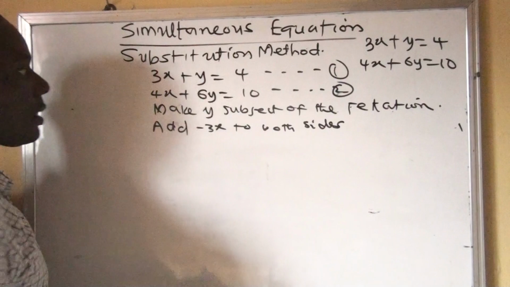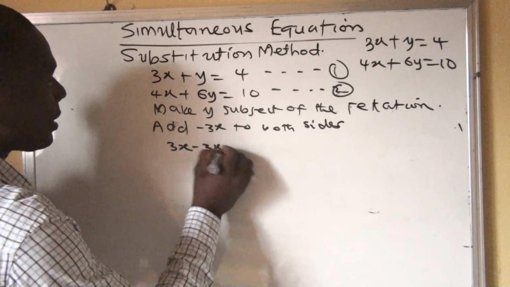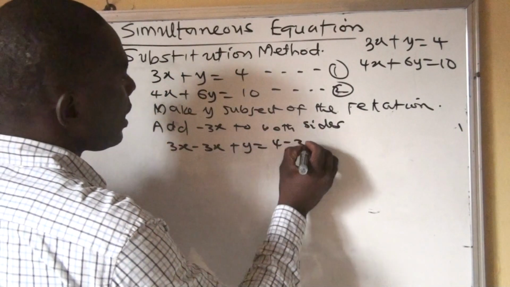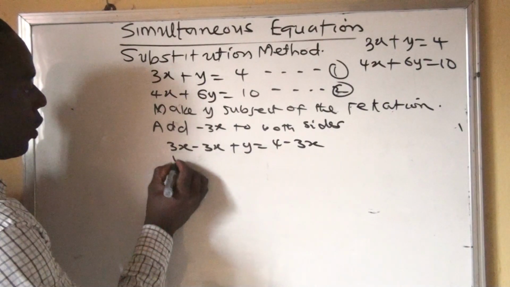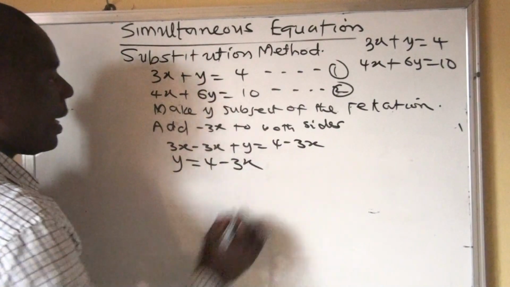So we say 3x minus 3x plus y is equal to 4 minus 3x, so that here we will just have y is equal to 4 minus 3x.